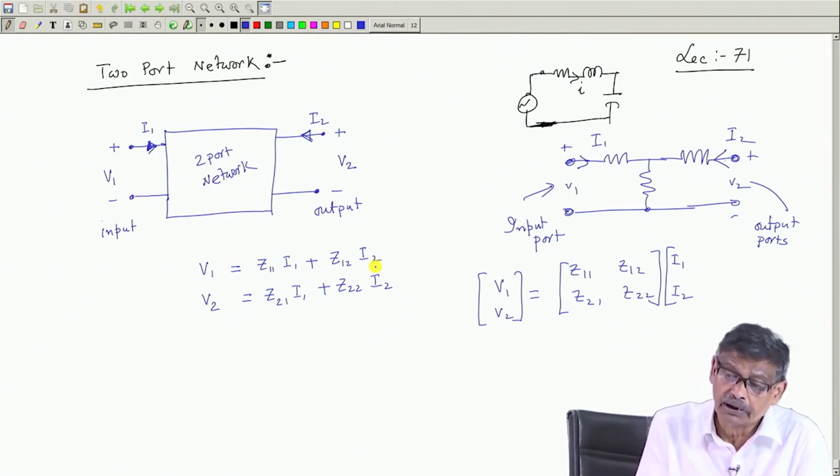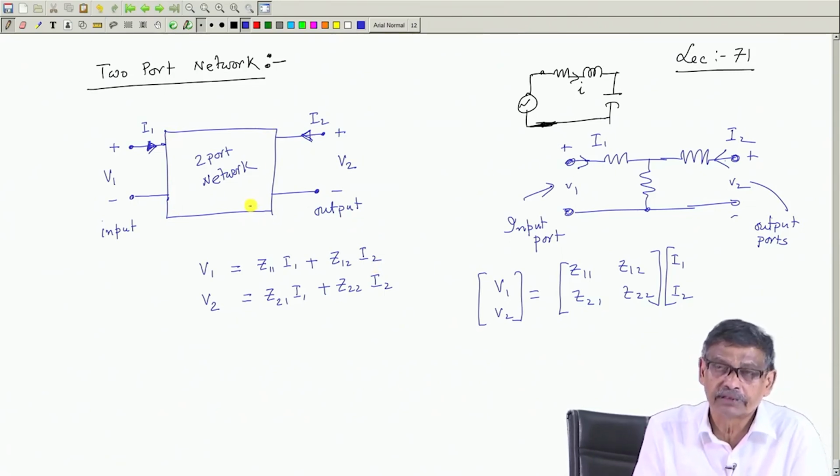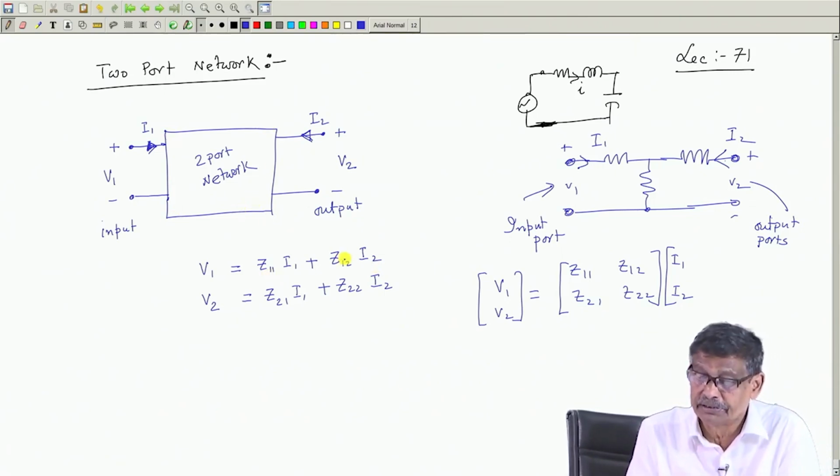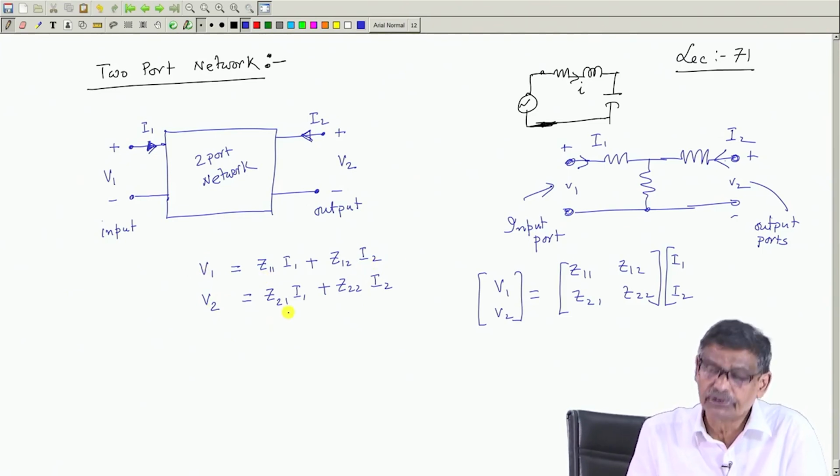So, if a network is given in the form of a black box, I do not know Z 11, Z 12, Z 21 and Z 22, but perhaps these voltages V 1 and V 2 can be expressed in this form. Then the question is how to get the values of these impedances.